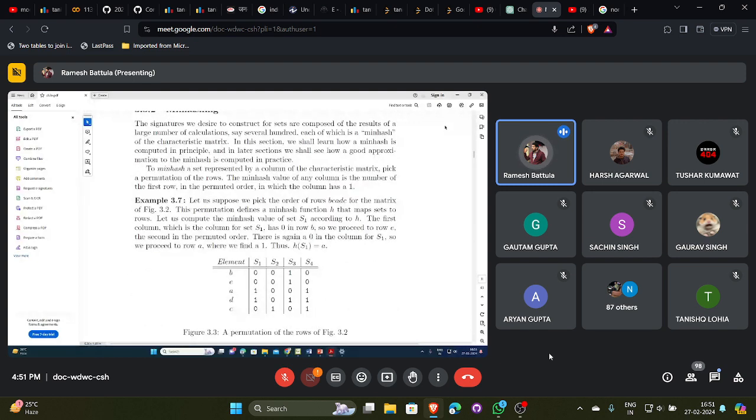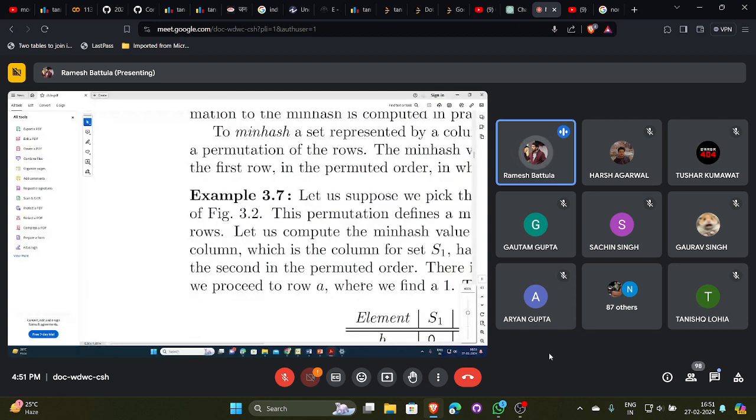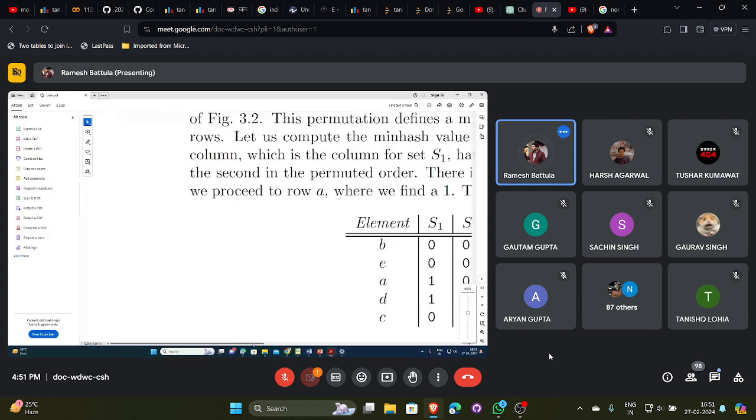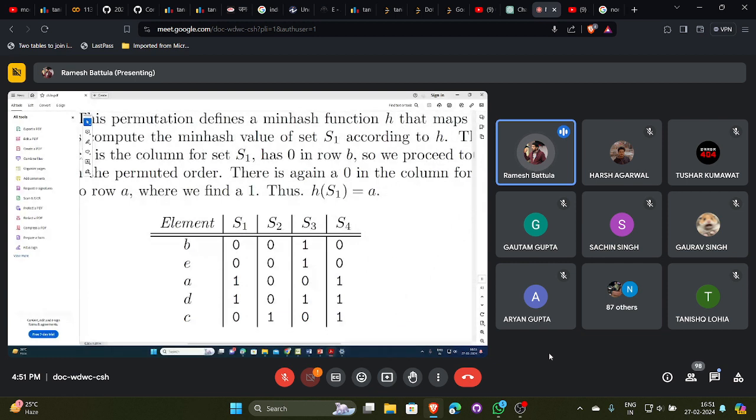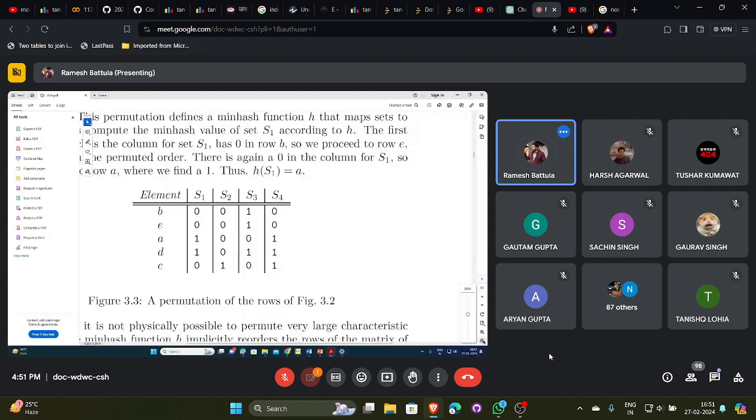I would like to show you. Most of you may understand from here. So here you need to observe there is shingling and there are documents. So what are you supposed to do over here?